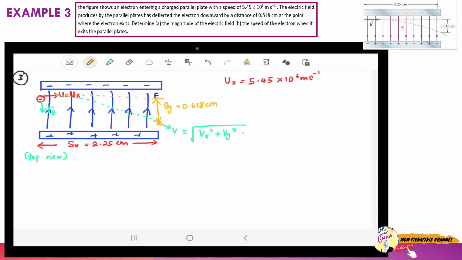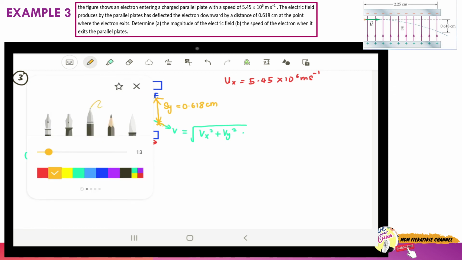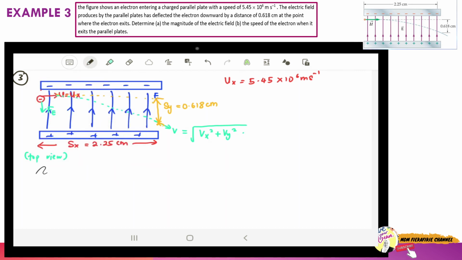Now we want to calculate the magnitude of the electric field. First, we want to find E. We can use the equation E is equal to V over D, but in this case, we don't have the value of the potential difference V and also D. So we cannot use this equation.